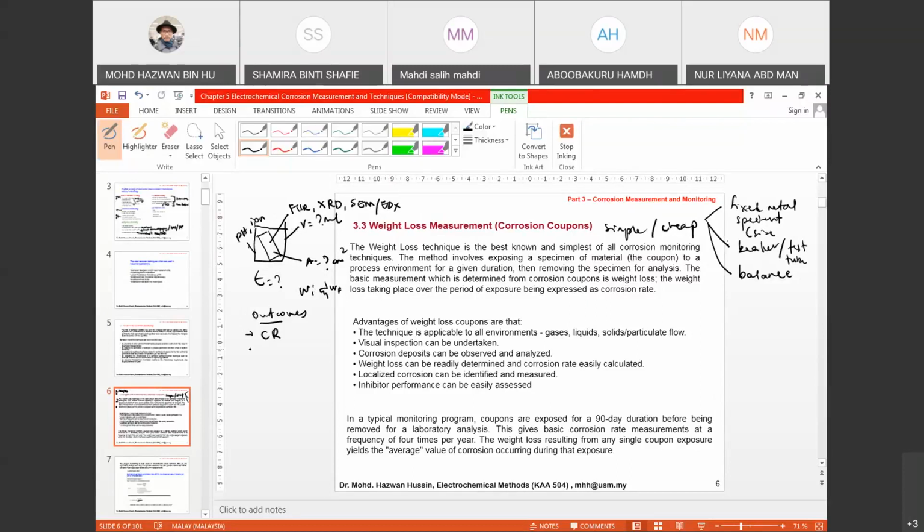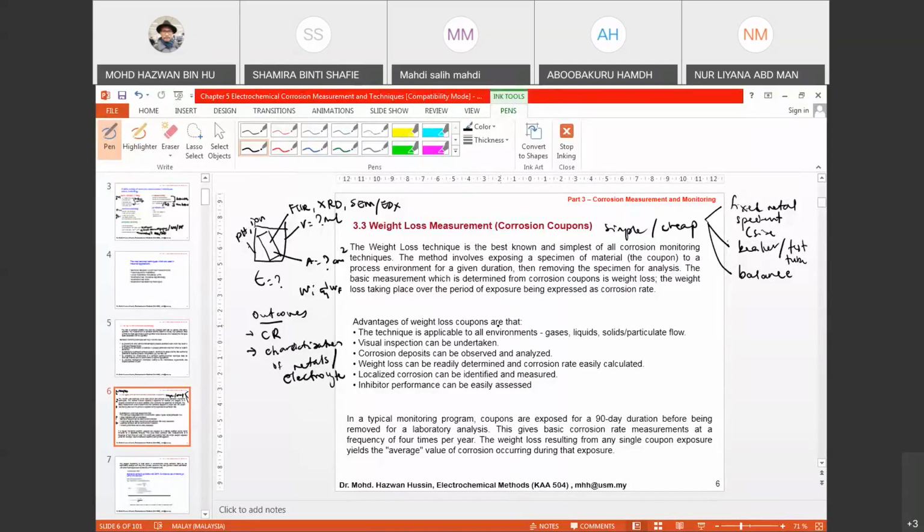So this is the outcome: a characterization of metals or electrolyte.